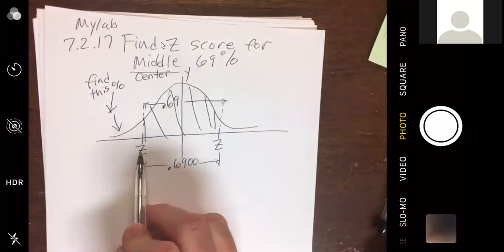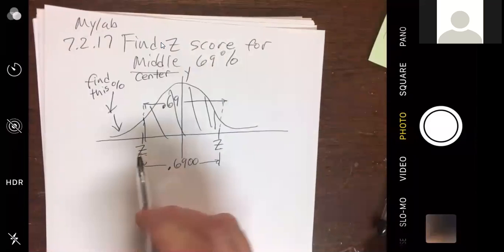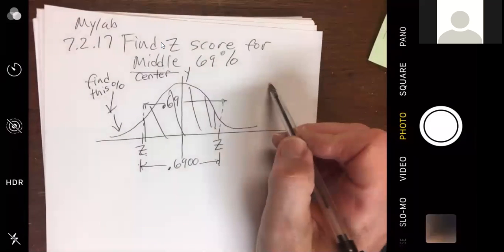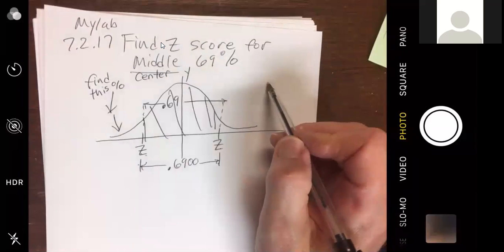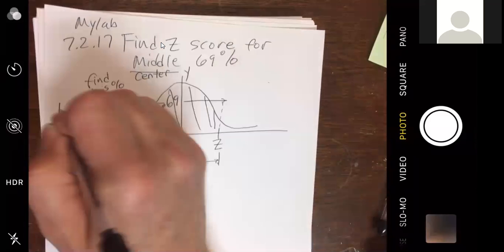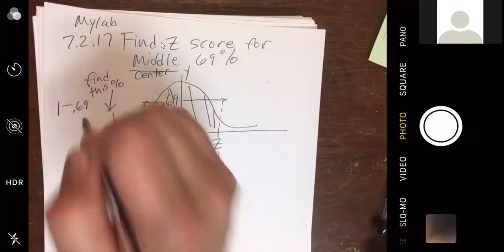You can almost do it in your head. Remember, overall, it's 1. So if you go 1 minus the 0.69, you get 0.31.